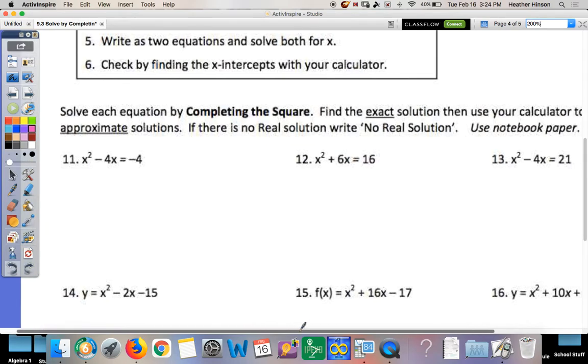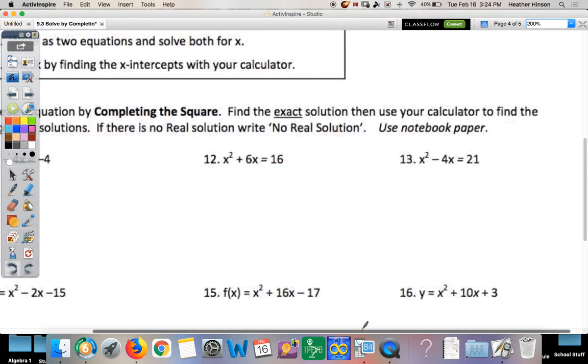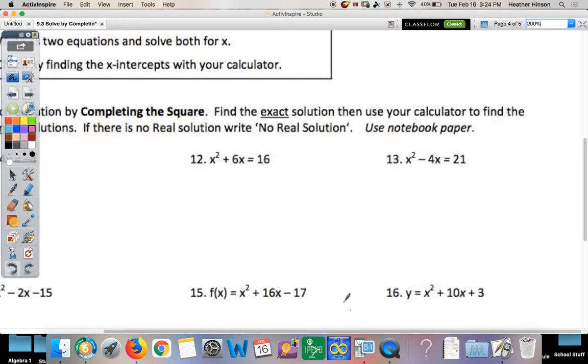When you're doing these on the last page of your lesson, you're going to have a lot of blanks. You're going to have exact blanks, and you're going to have approximate blanks. If your square root is perfect and you get answers like x equals 2 and x equals 5, you're going to put that in both sets of blanks.